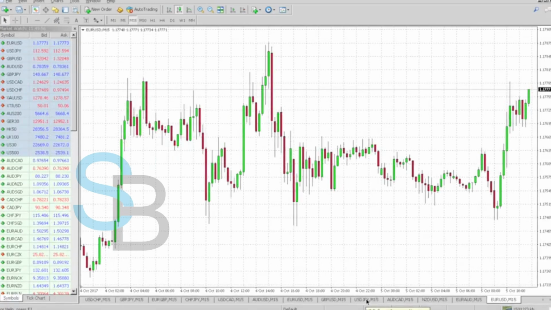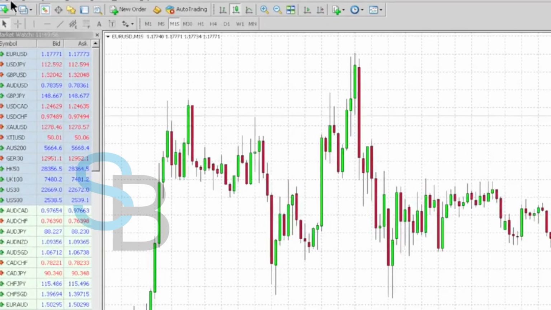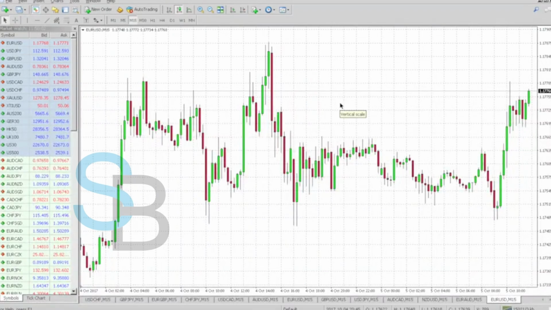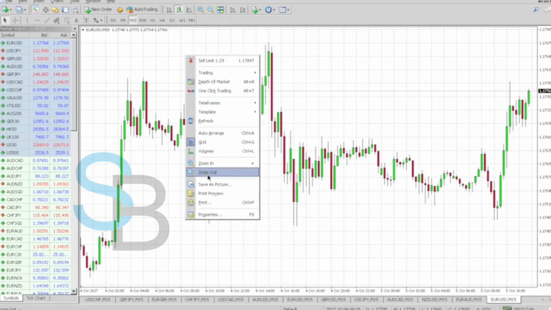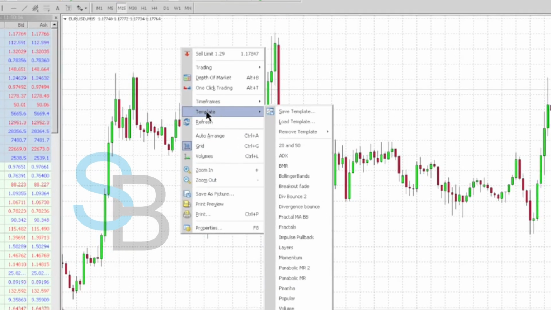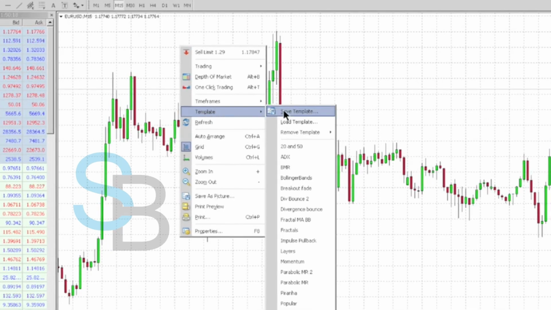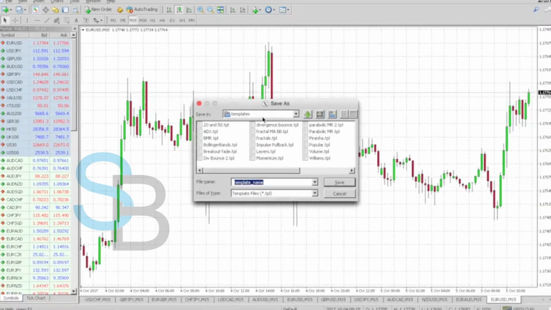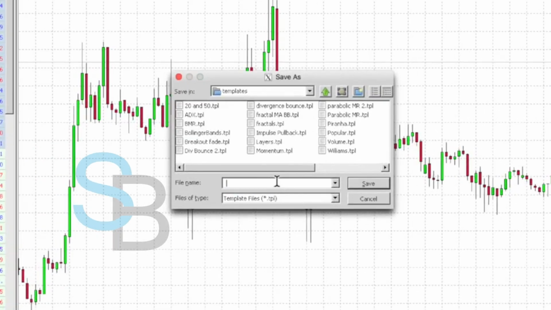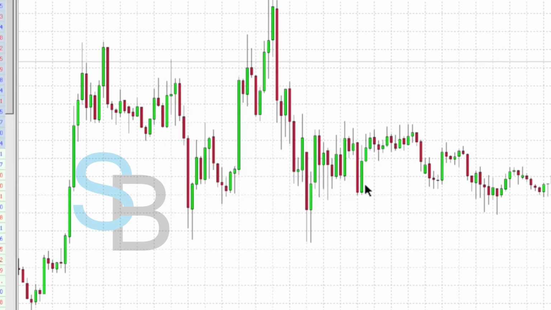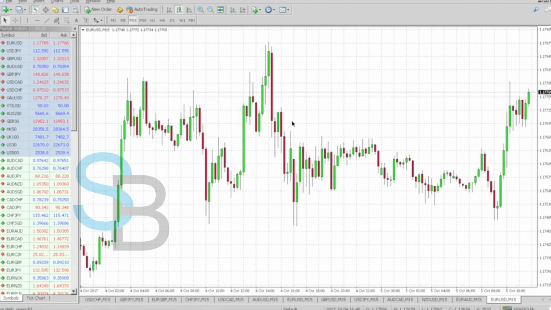Before that, once we have created this chart with the colors, you can right click, go to template, and save the template. You can call it whatever you want, for example my template. Save it. This saves your settings.